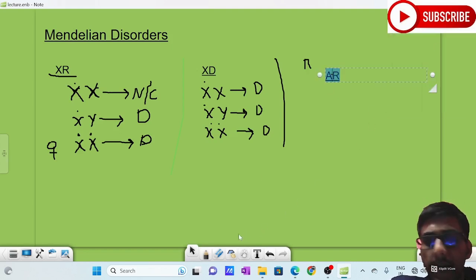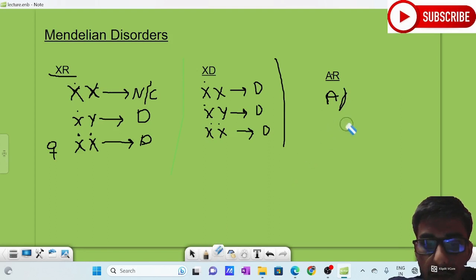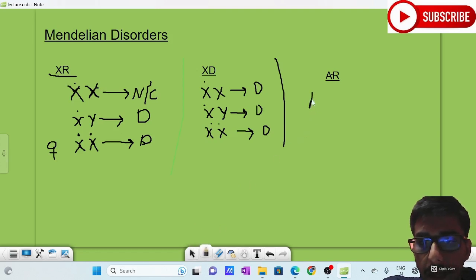So, what is the condition in autosomal recessive? I am taking capital A, capital A, capital A, small a, and small a.